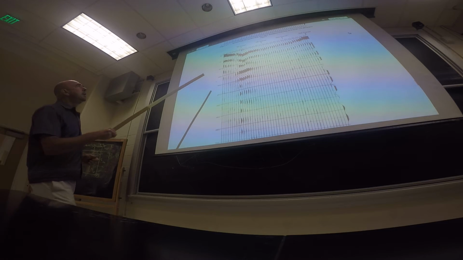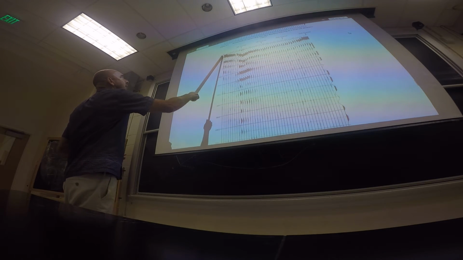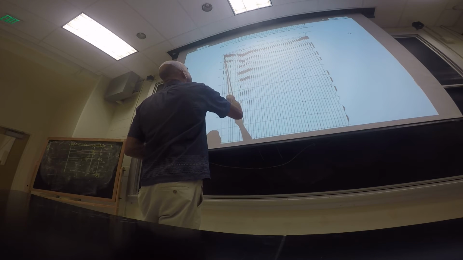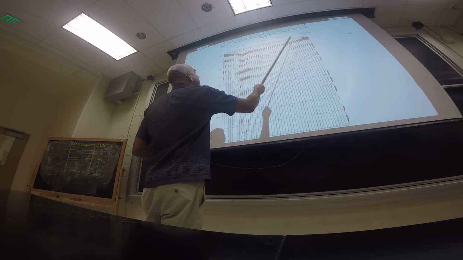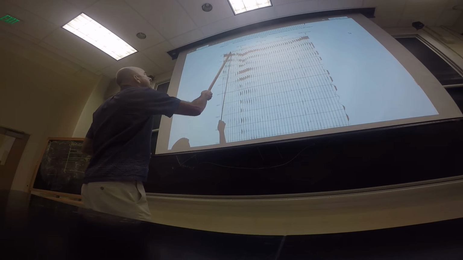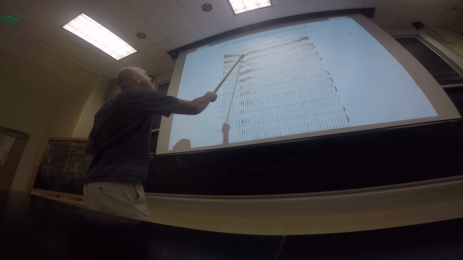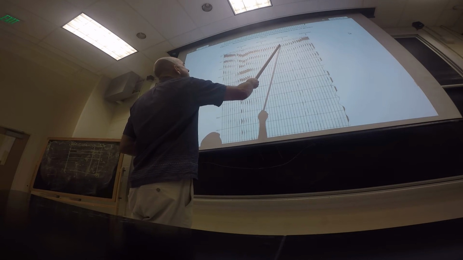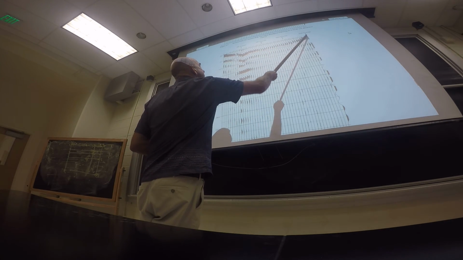Well, it's pretty cool. In the southwest area, you see that the amplitude and the travel times decrease in this area here. And then the travel times increase and actually dip in this area and then come back up and are relatively constant until they hit this area right here.